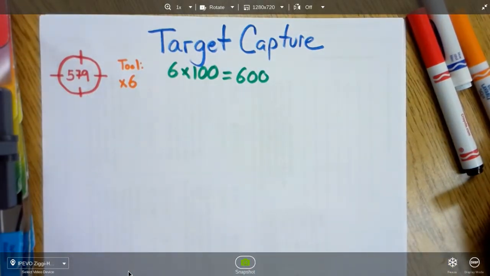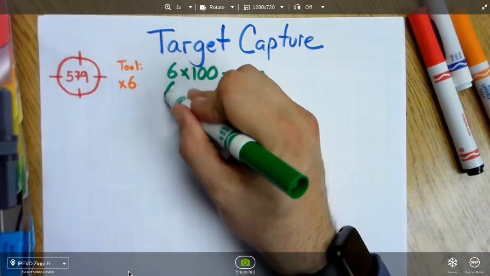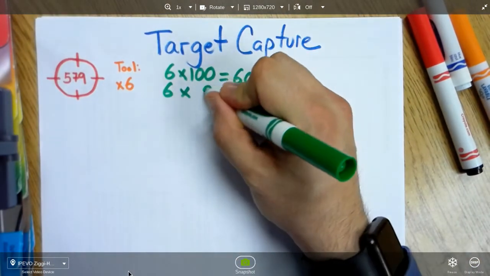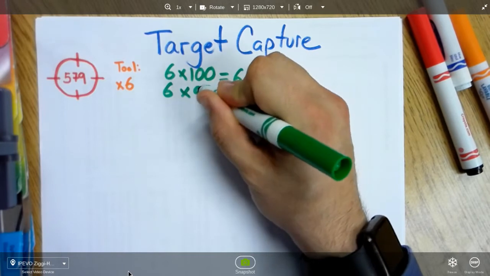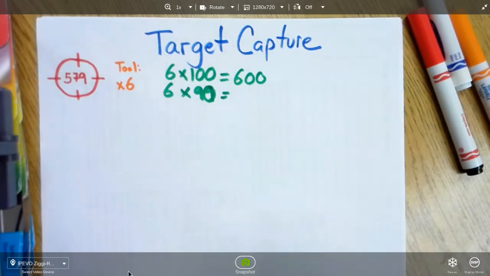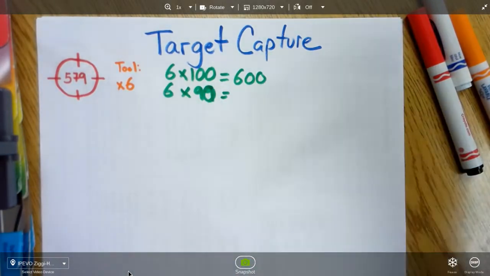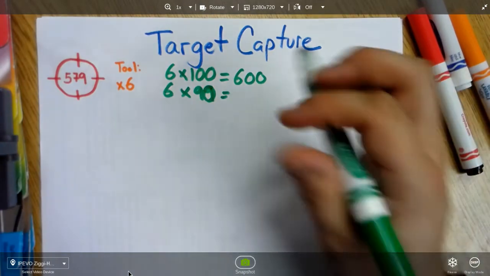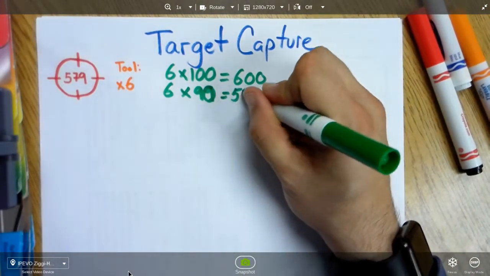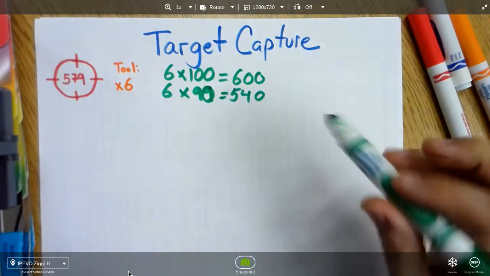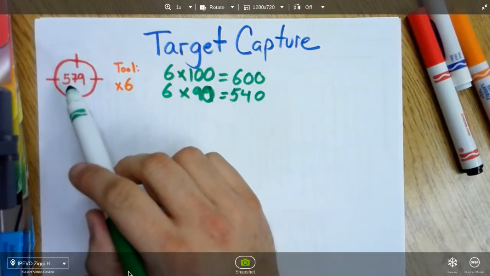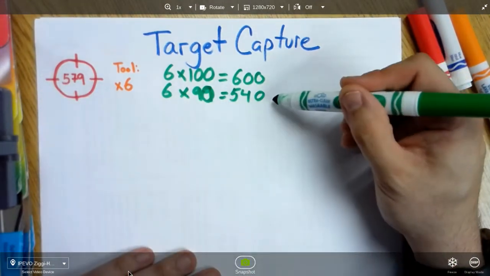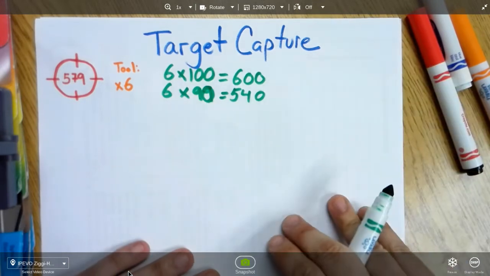I could go a little bit lower and do 6 times 90. Well, let's fix that. I did 6 times 9. 6 times 90. Well, I know that 6 times 9 is 54, so 6 times 90 has to be 540. So I've captured 579 because I know that it's in between 540 and 600.